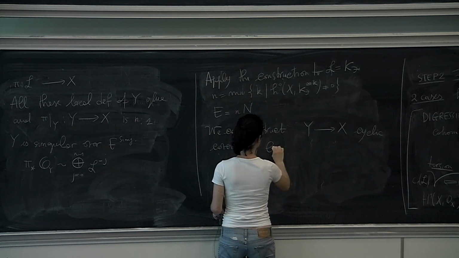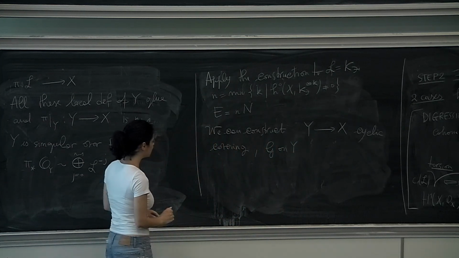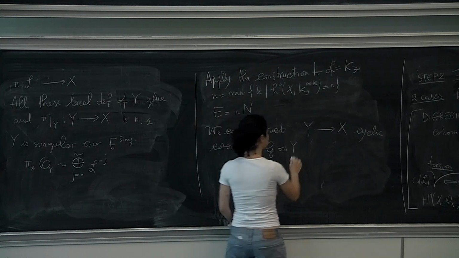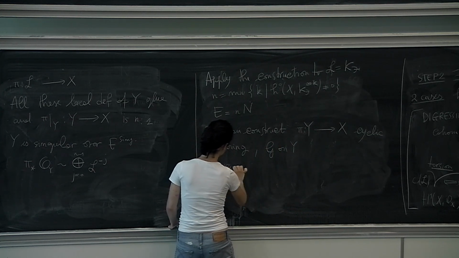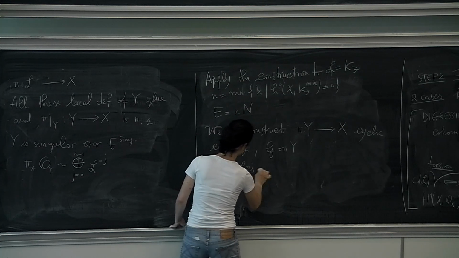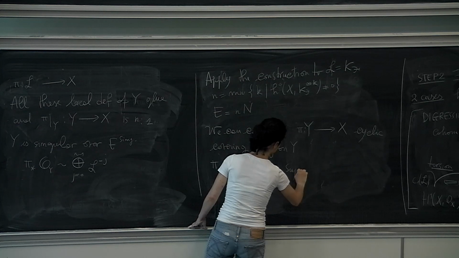And we get a foliation G on y. And the covering pi ramifies along the support of n.